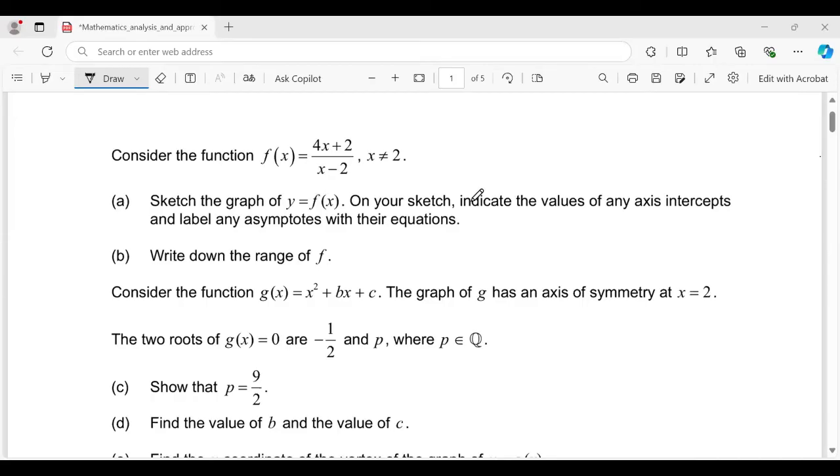On your sketch, indicate the values of any x-intercepts and label any asymptotes with their equations. Okay. Firstly, we need to find asymptotes because it is a rational function, so we need to find the vertical asymptote and horizontal asymptote.